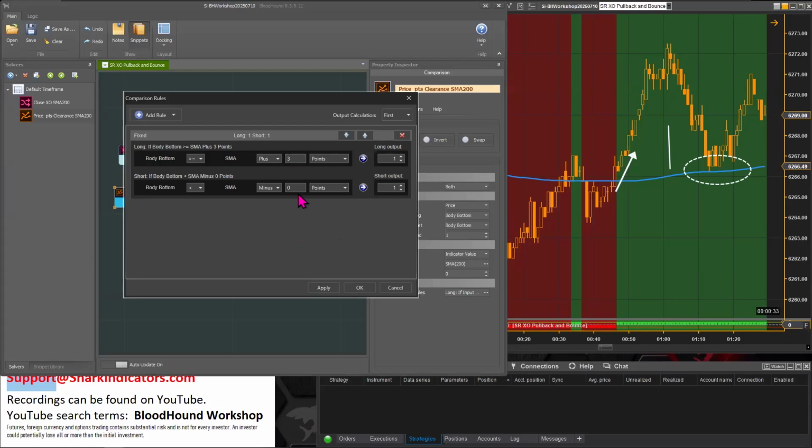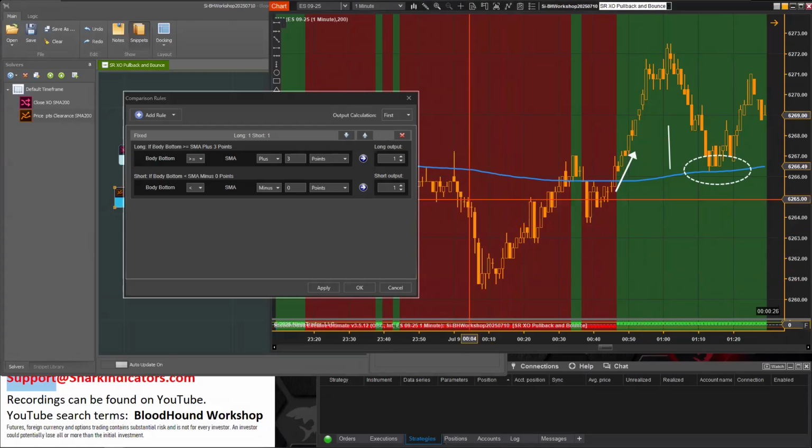Hopefully that's good enough. And so the opposite for a short. If it's a short, the body top needs to be below our support resistance level. So actually I'm going to switch this over to the body top here.